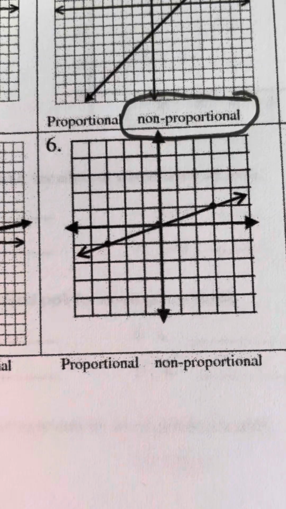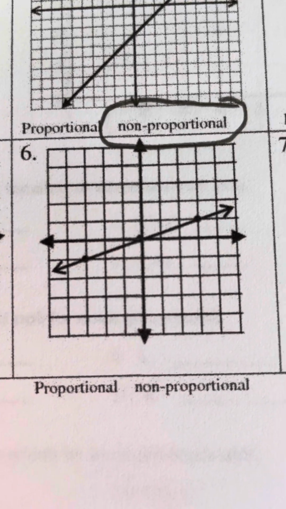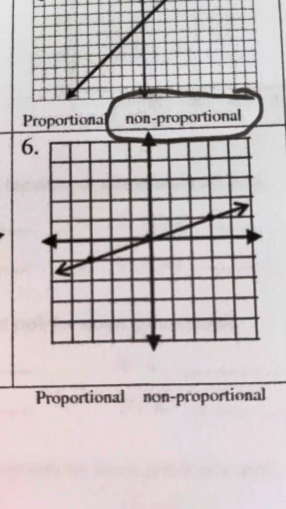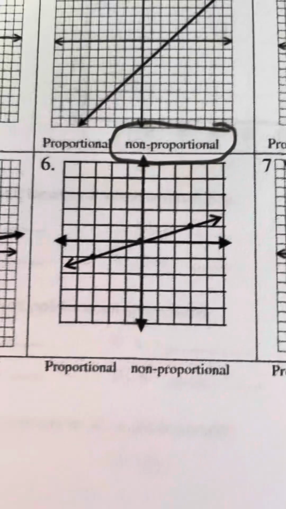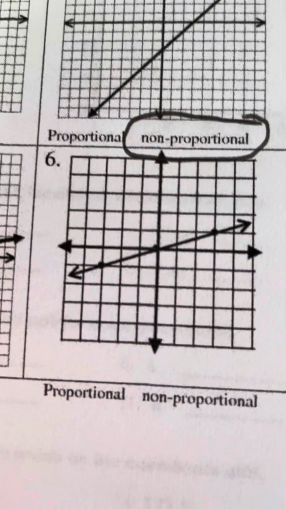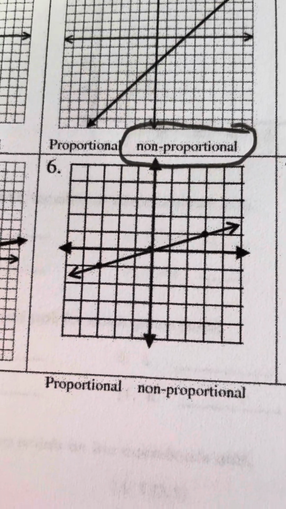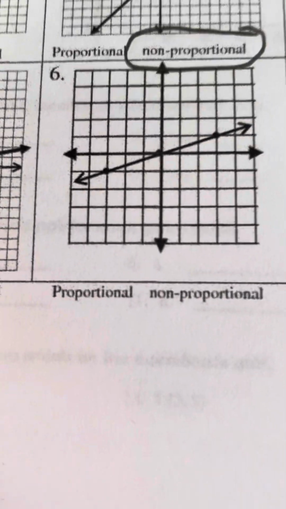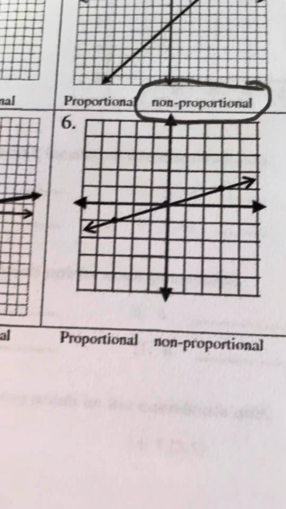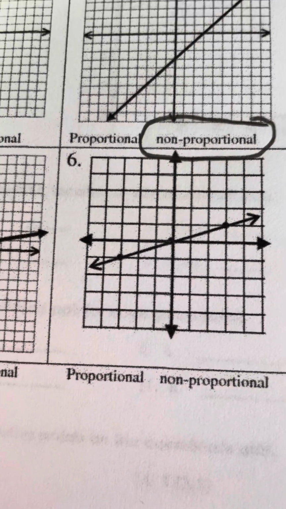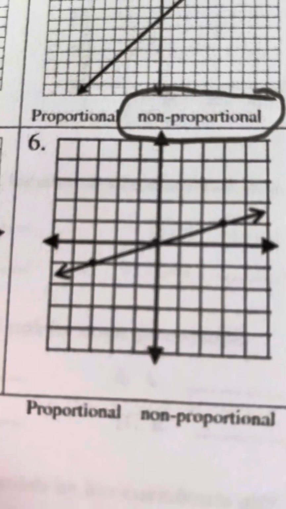Okay, moving on to number 6. Now, let's take a look at number 6. We need to know whether this graph for number 6 is proportional or non-proportional. So, let's take a look at the line here.